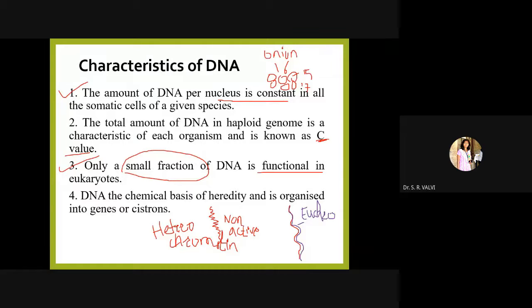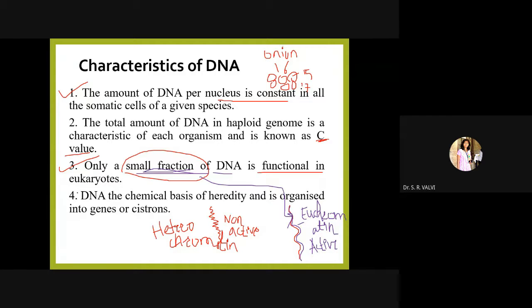Heterochromatin and euchromatin, right? This chromatin is active and takes part in the transcription process. Only a small fraction of DNA takes part, particularly this euchromatin.